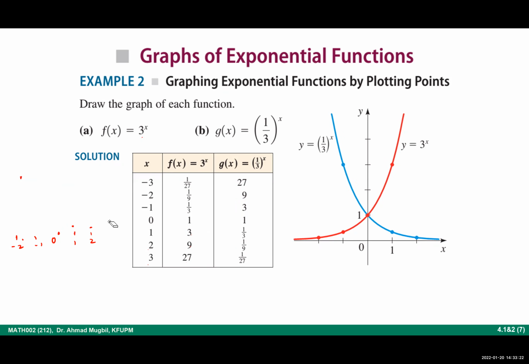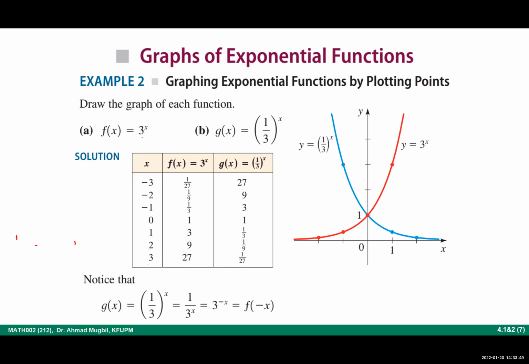What do you notice about this graph and the previous one? The blue graph is just the reflection of the original graph about the y-axis, about the line x equals 0. So why is that? Yes, this one will be 3 to the power of -x. Excellent.